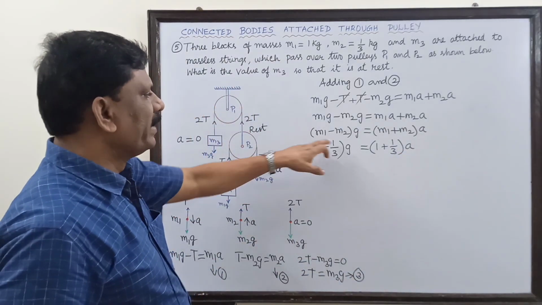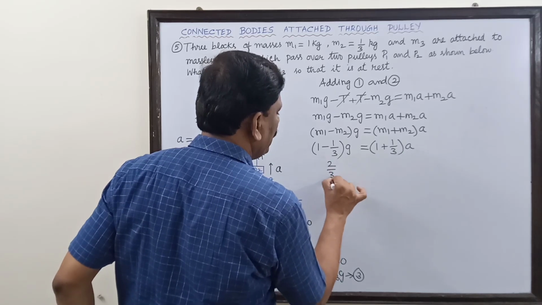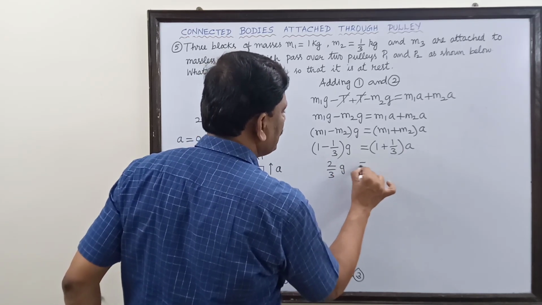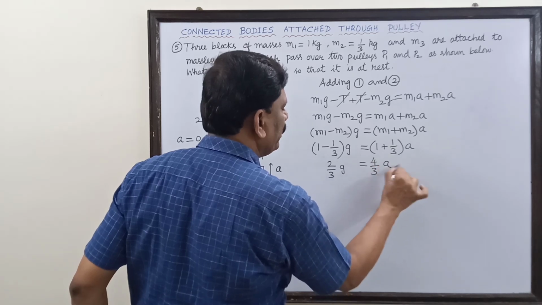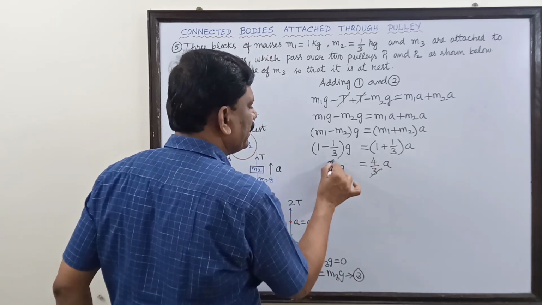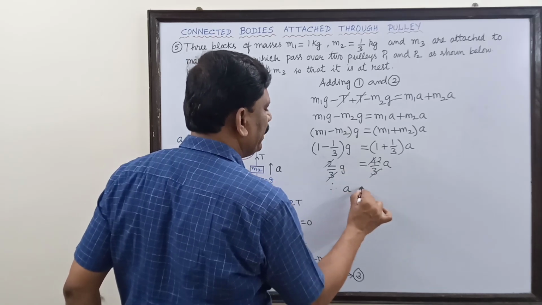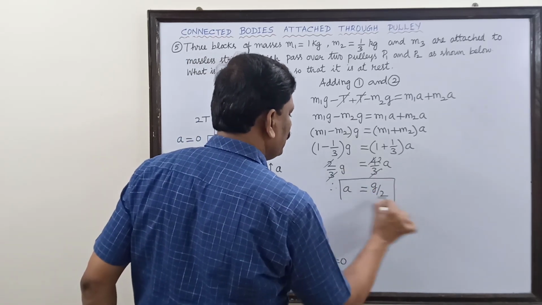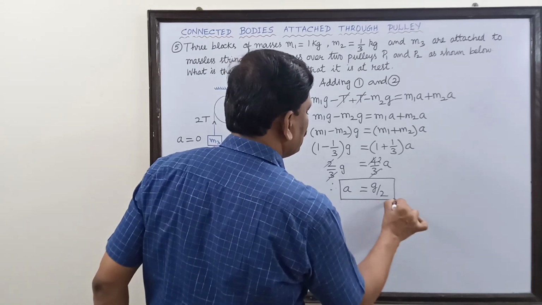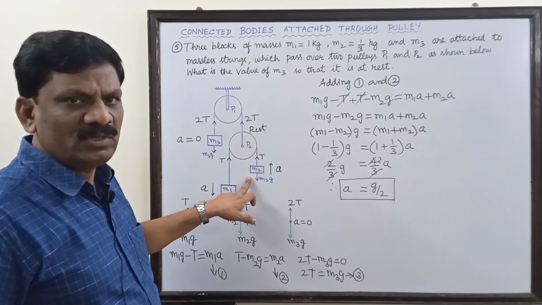So this is 2 by 3 into g is equal to 4 by 3 into a. So 3 and 3 get cancelled. 2 into 2 is 4, 2a is equal to g. Therefore a is equal to g by 2. This is the acceleration of the masses m1 and m2.